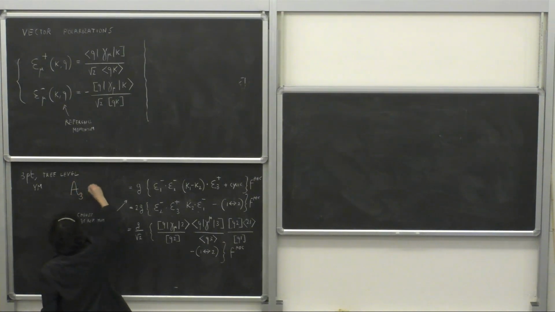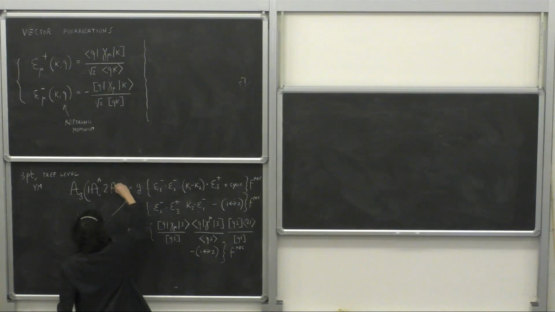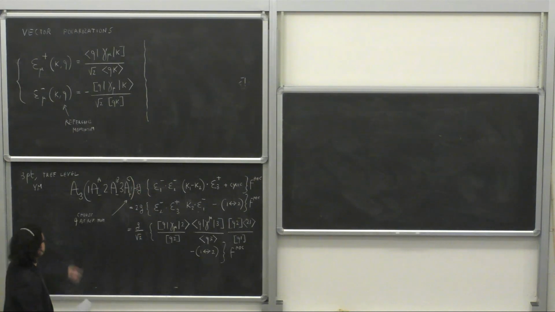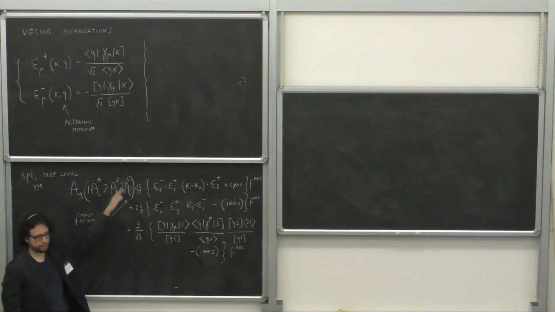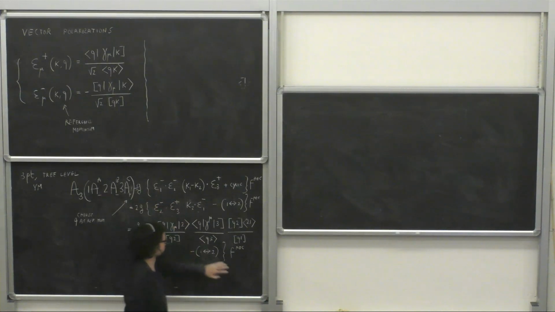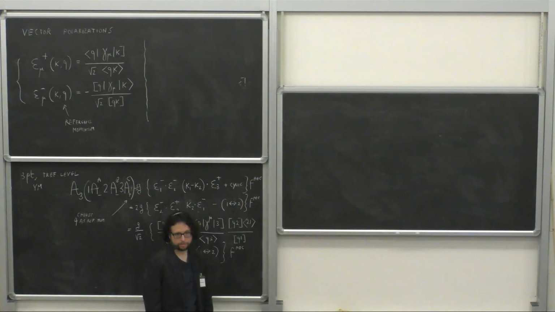I can say this is a1 minus, 2 is a2 minus, and 3 is a3 plus, if you like. So these are the indices carried by the gluons, the adjoint index, for Yang-Mills theory, by the external fields.